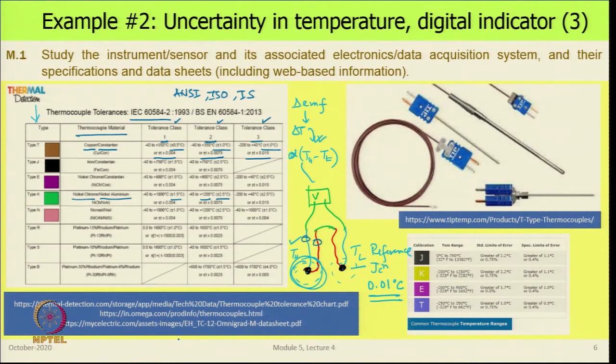So, this is a table where we have now learned that even without buying anything or having an instrument with us, if we can look up IEC 60584 or any of its equivalent standards, we know what accuracy to expect in these type of devices, whose picture is shown on this side here. So, what you are seeing here is, in this case, the shielding, stainless steel shielding. Inside this is the thermocouple, the wire is coming out there and it is connected at the other end to a plug, which is the connector.